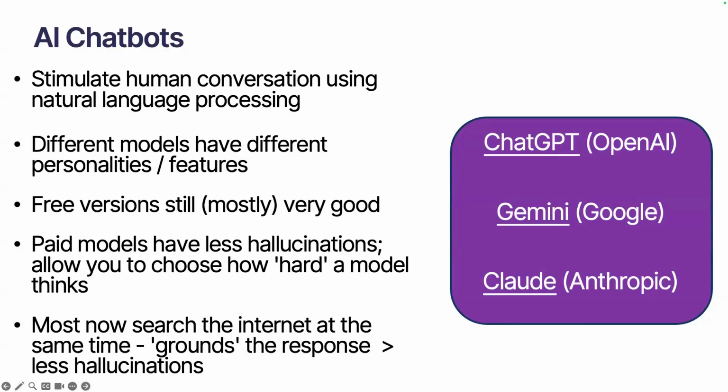The first is to really drive home the point that I brought up earlier, which is that the model you use and the system that it is housed in will dramatically impact the output and the quality of that output. For most general questions, I would say the free versions of the big three that I mostly am talking about are good enough. They'll search the internet now in real time, which minimizes a lot of hallucinations.